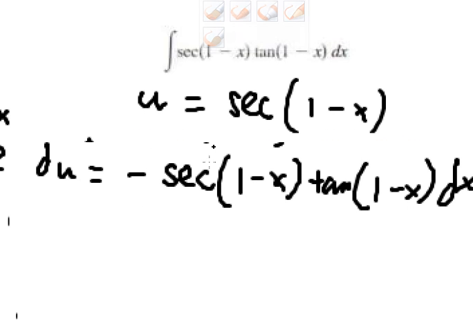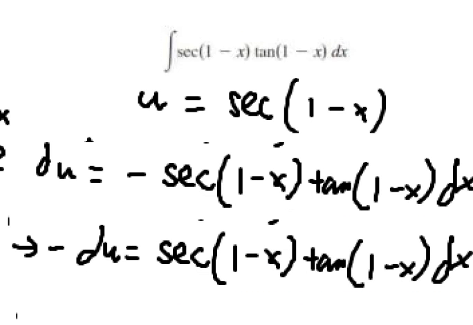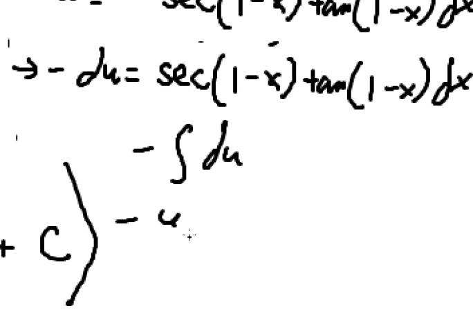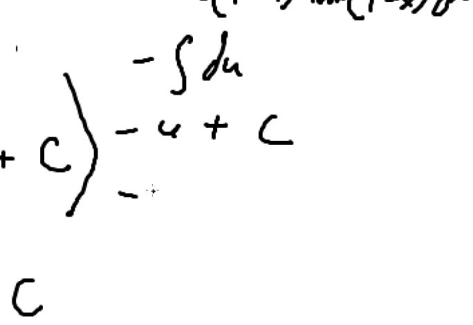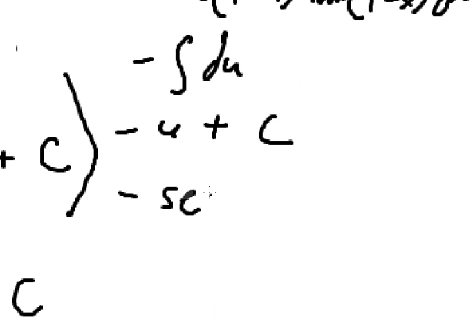Because we don't have the negative sign, we put the negative to the left. And now this one in here, we change by negative du. And this one we have u. About u, that is about secant of 1 minus s. And this is the final answer.